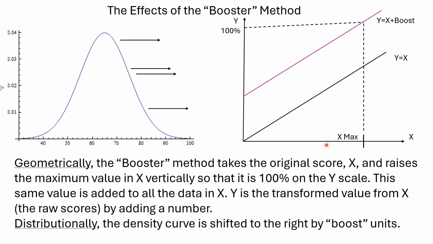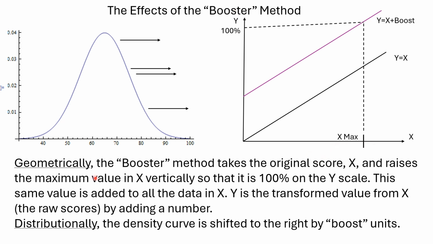Now, to figure out how much to boost everyone's score, you look for the highest score in X, and then you say, well, what needs to be added to that score to get it up to 100? And that's what determines the boost. And then again, everyone else gets that same boost added to their scores. So that's how it looks geometrically when you look at y as a function of x.